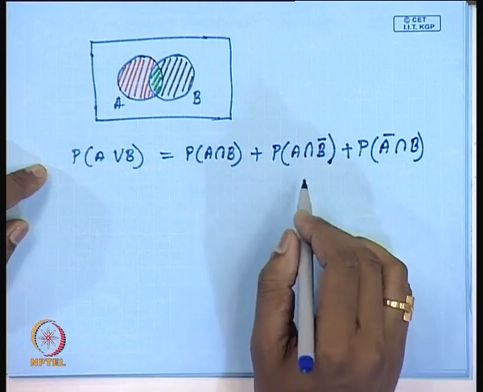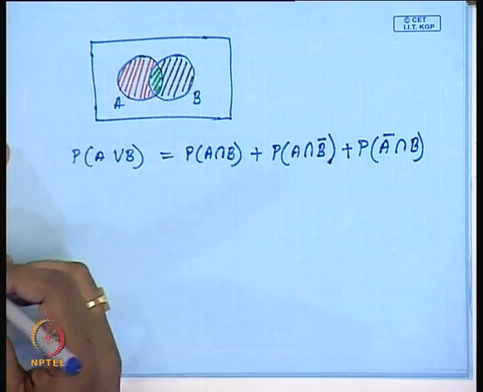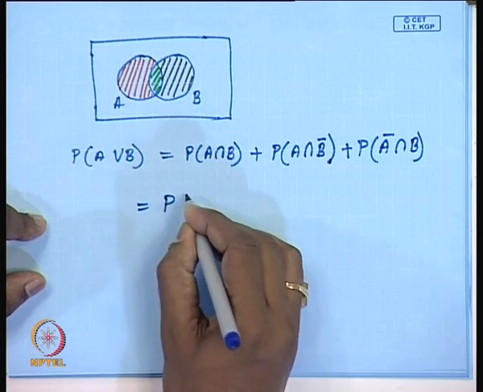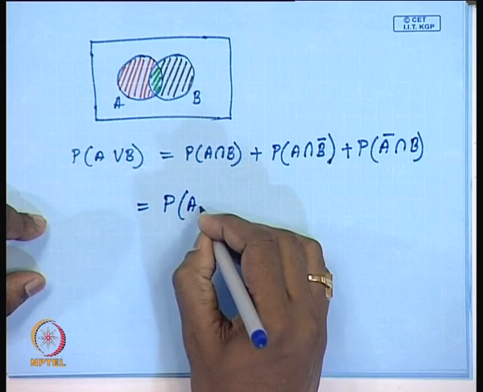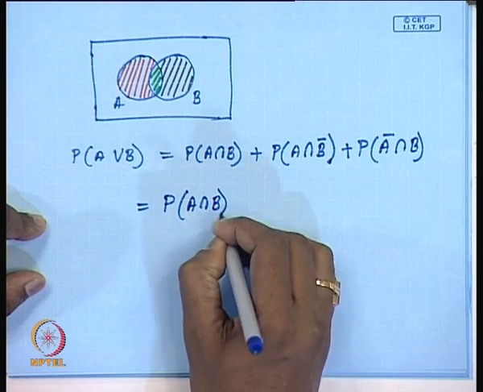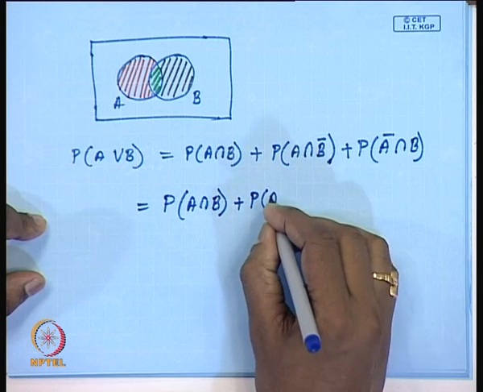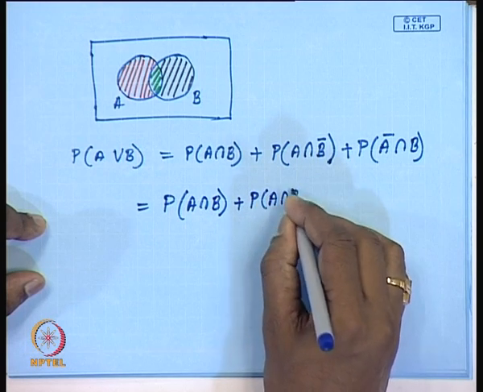Now these events can be written as probability of A intersection B plus probability of A intersection B prime.